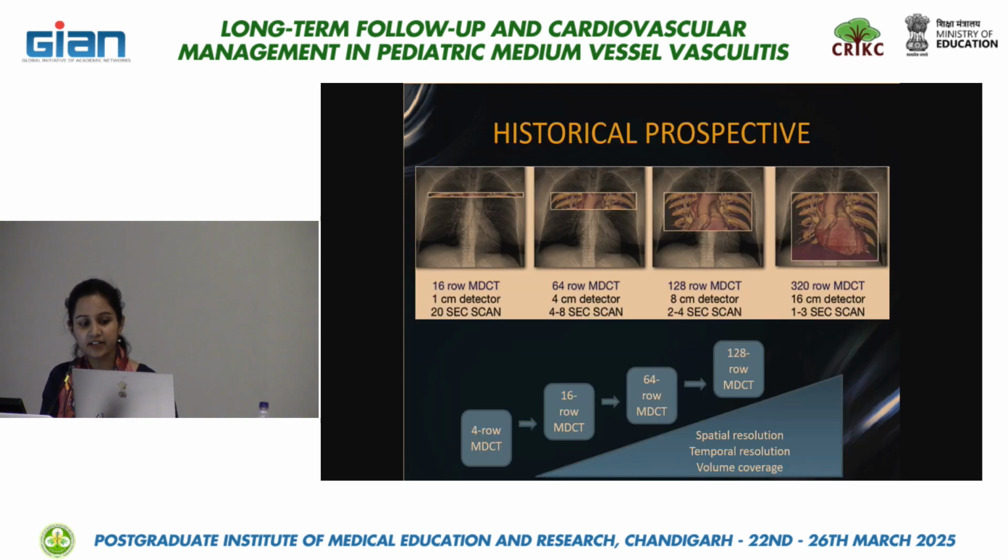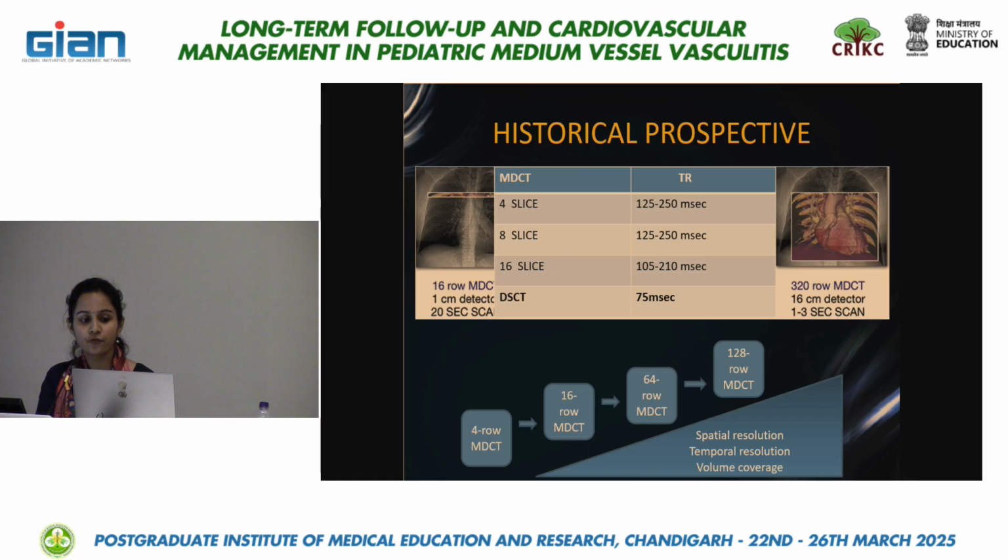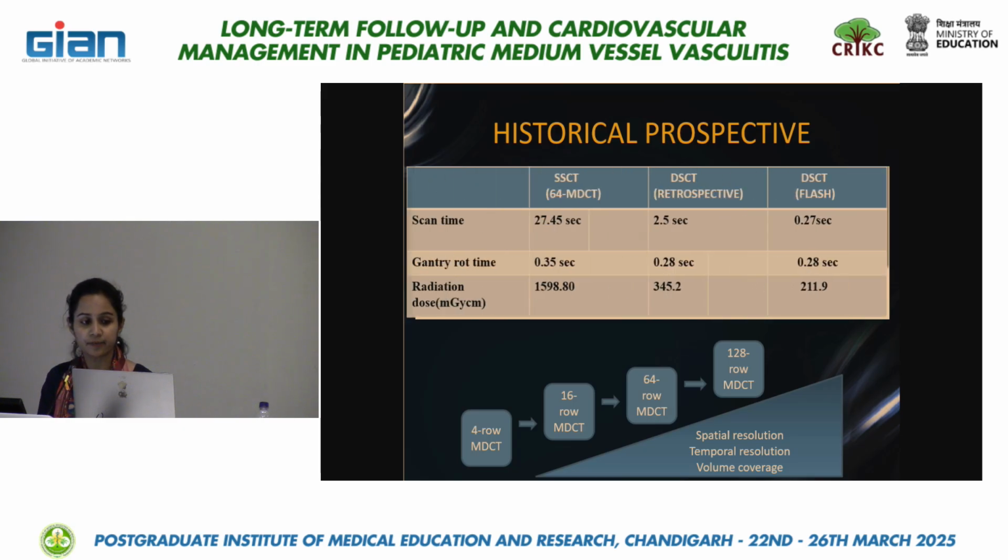So we started with a 4-row multi-detector CT, then 16-row, 64-row, and now a 128-row multi-detector CT. And as we increased, the scan duration significantly reduced. With a dual source CT scanner, the scan time is less than 1 second.